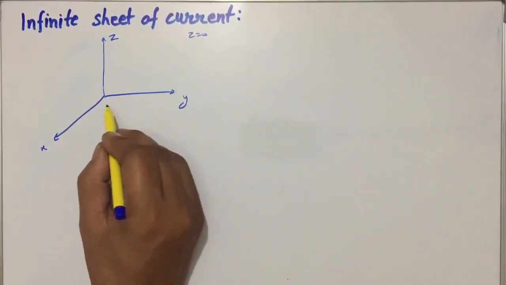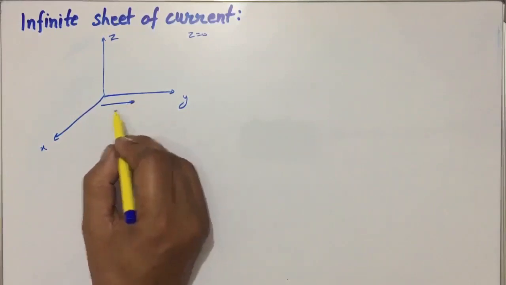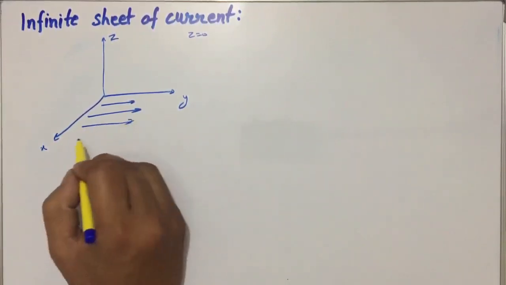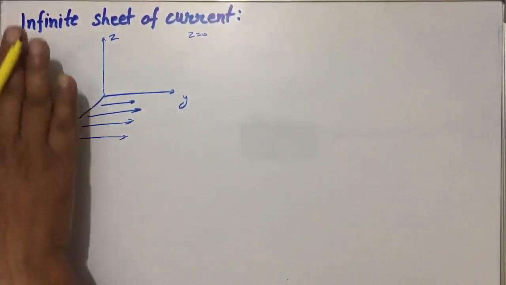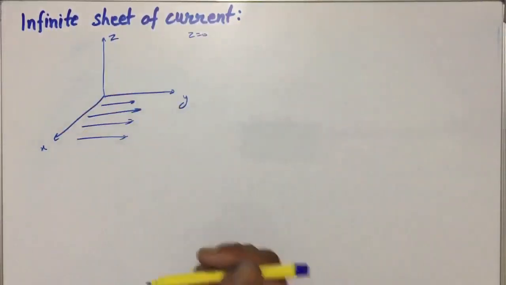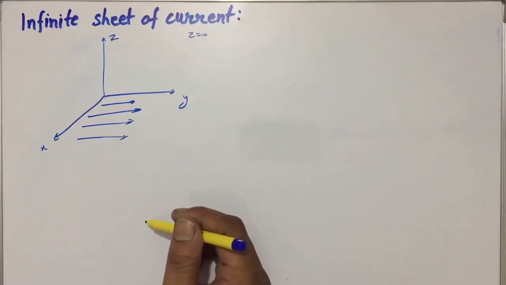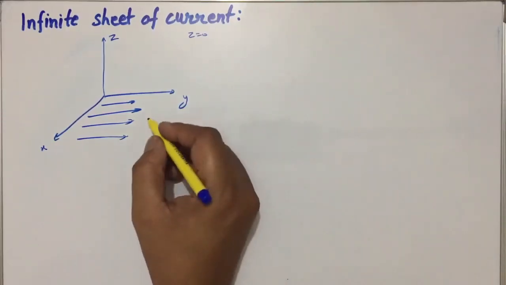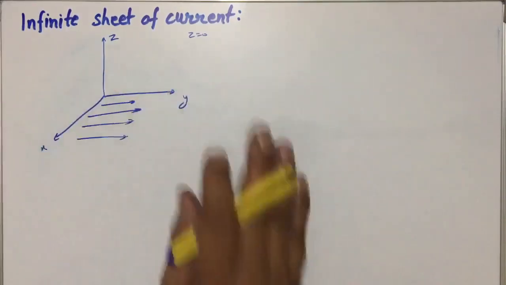The current is flowing in the y direction like this. So the sheet is there, and the direction of the current is in the direction of y. In this case we have to find the magnetic field intensity due to this sheet.